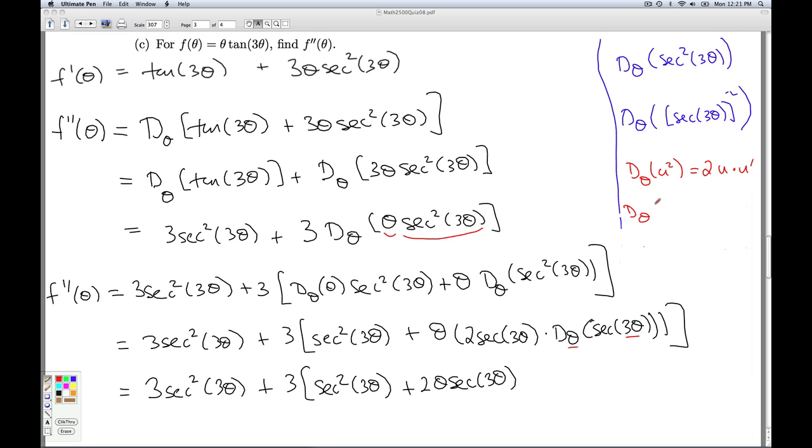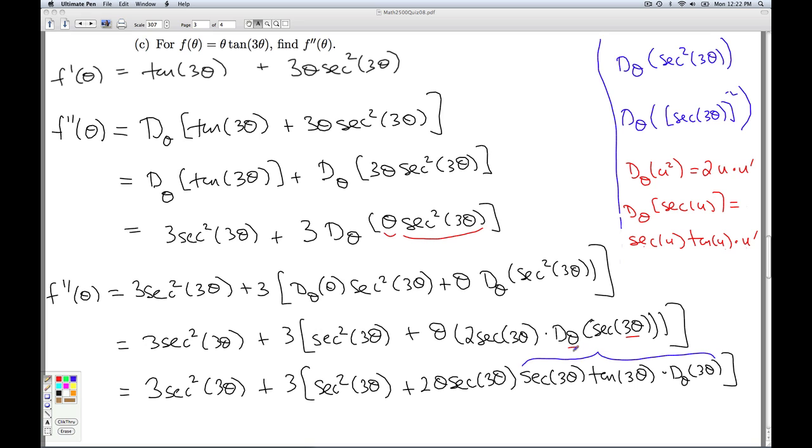So the derivative with respect to theta of the secant of something is the secant of that thing times the tangent of that thing times its derivative. So I've got the secant of 3 theta times the tangent of 3 theta times the derivative with respect to theta of 3 theta. So this entire thing here is the derivative of the secant of 3 theta.